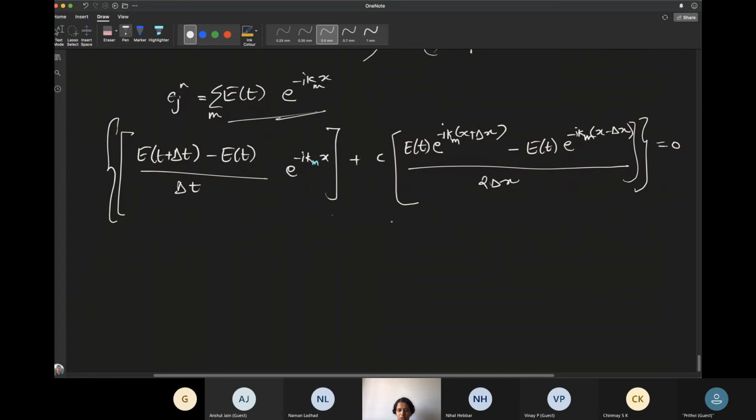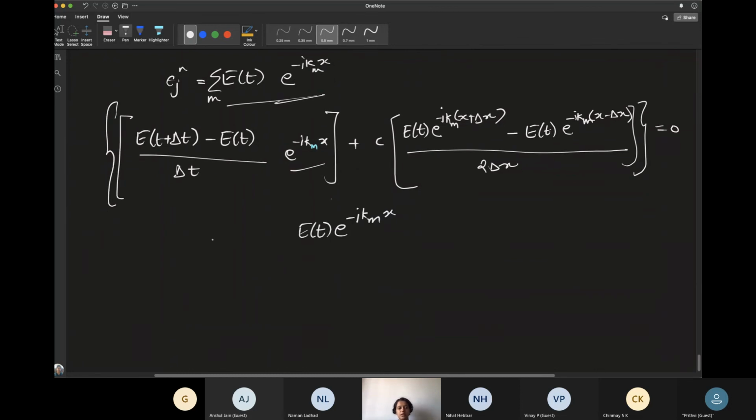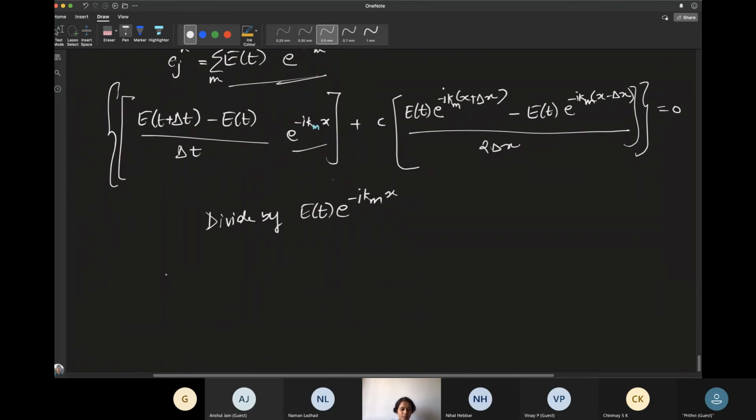Now dividing this whole thing by e power minus ik delta x, let's just divide this whole thing by e of t e power minus i km x. Okay. I'm taking this t on the other side.